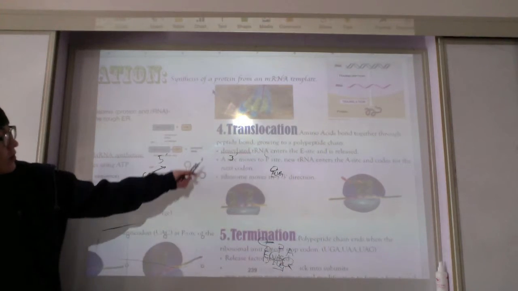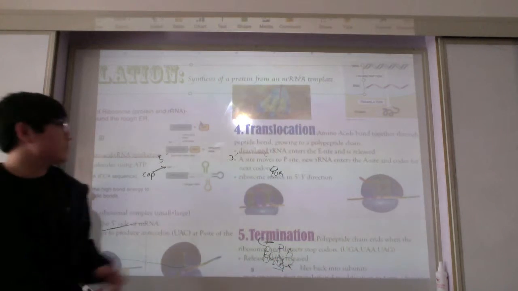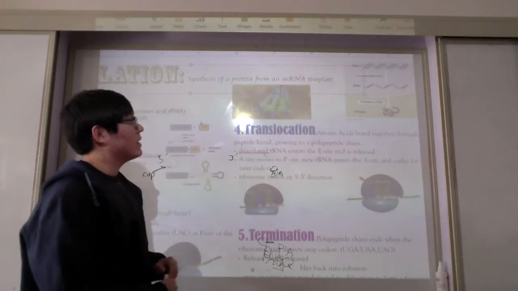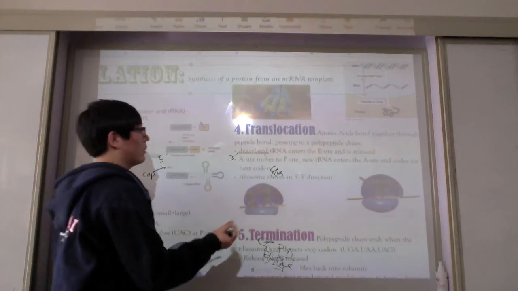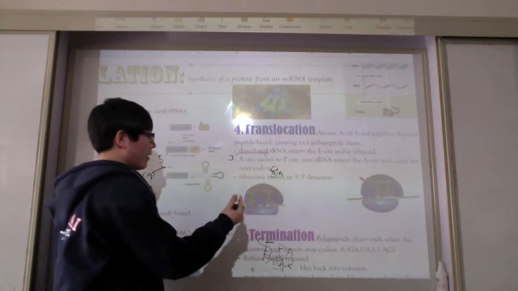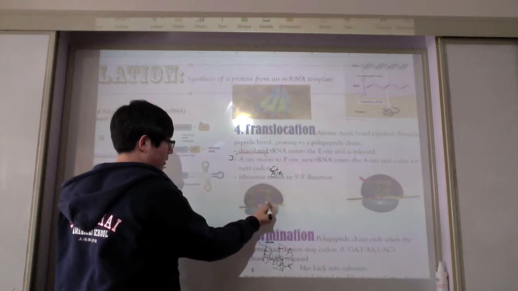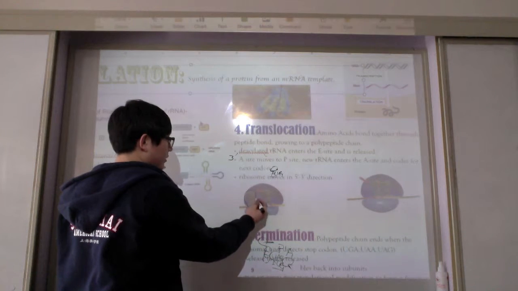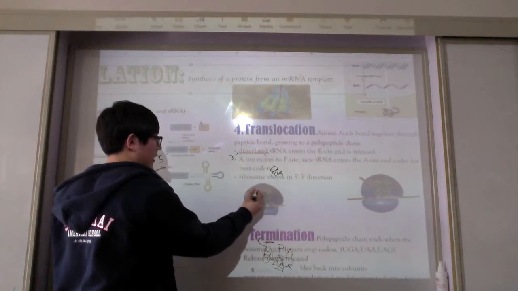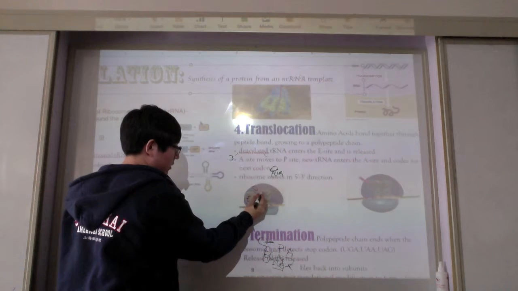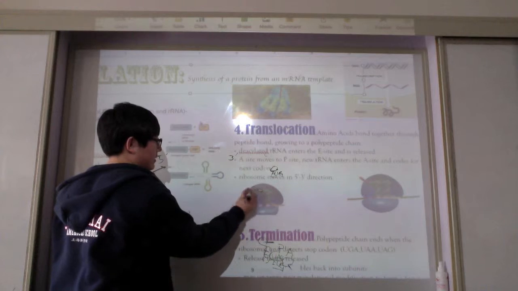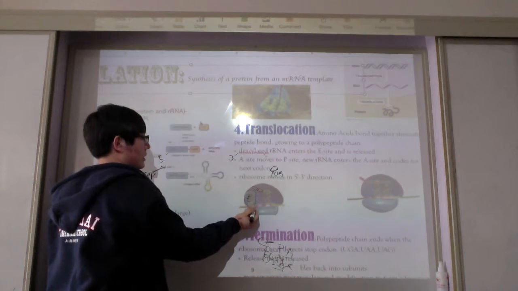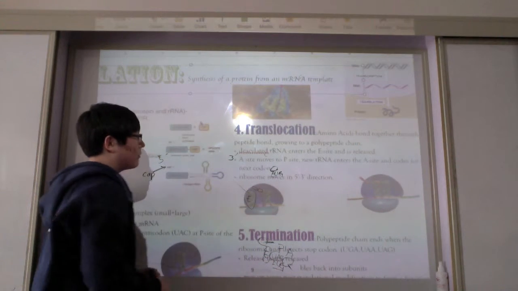Okay. So the fourth step is translocation, when amino acids bind together through a peptide bond, growing into a polypeptide chain, and this is when this tRNA enters the E site. The amino acid is already connected to here, and when tRNA enters the E site, the tRNA just exits.